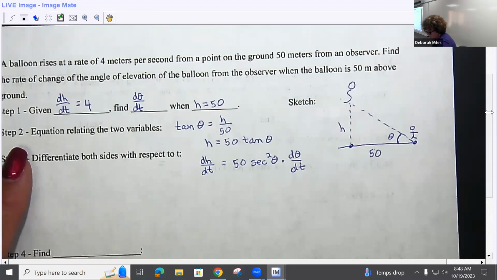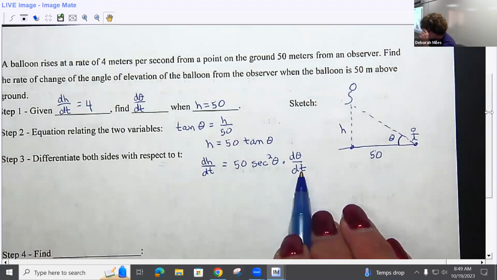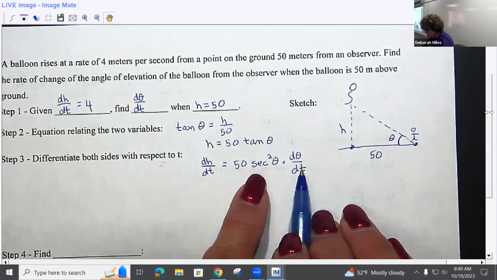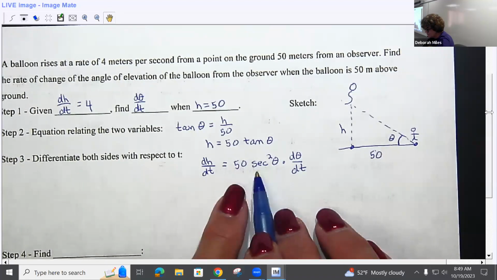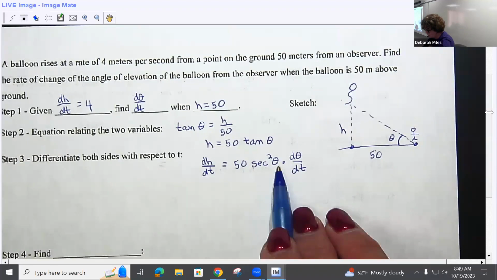If I'm solving for d theta over dt, then I need to know dH over dt, which I do, but I also need to know what theta is so I can take secant squared theta. How am I gonna find out what theta is?